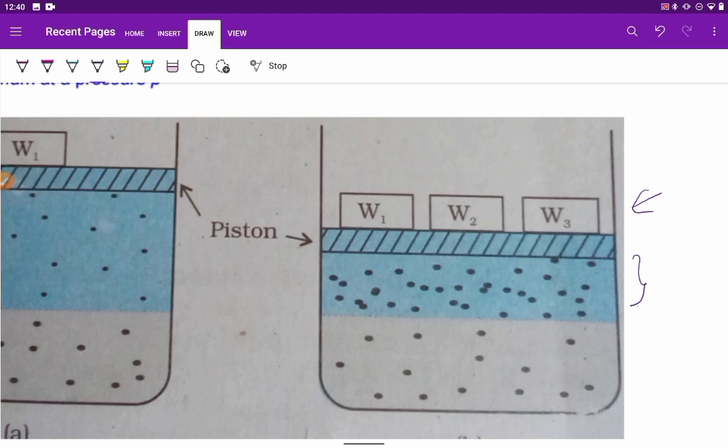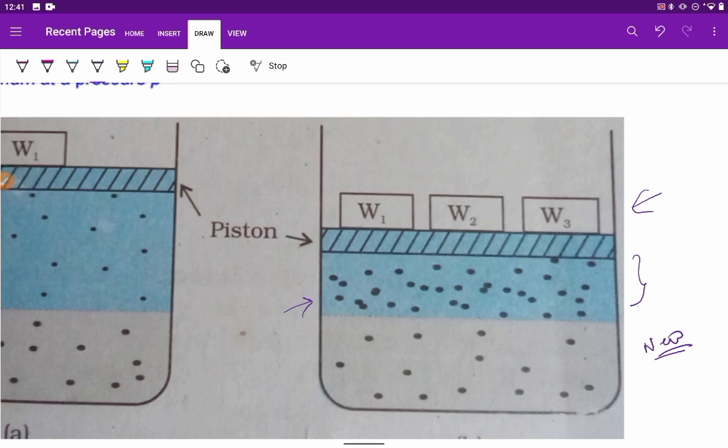This increase in pressure will increase the solubility of the gas, and after that we will get a new equilibrium, because the number of molecules per unit volume has increased. So more molecules will be able to strike the surface of the solution, and they can also enter it. When they enter the solution, we say that the solubility has increased.